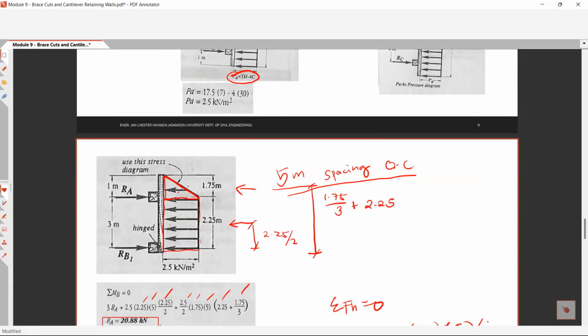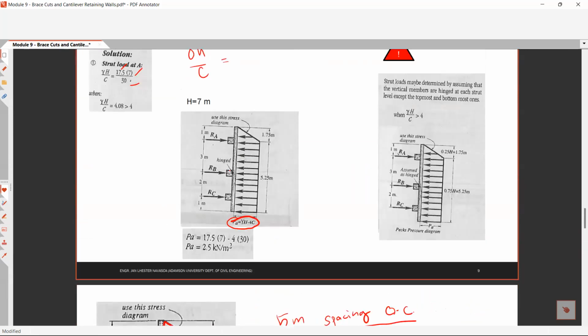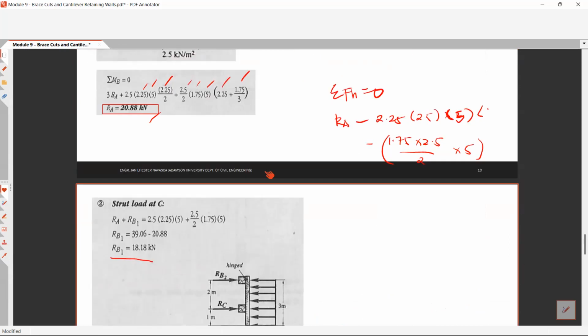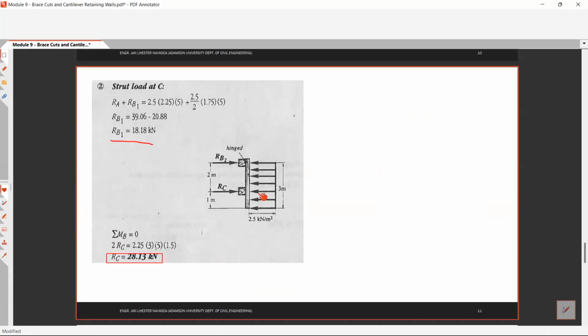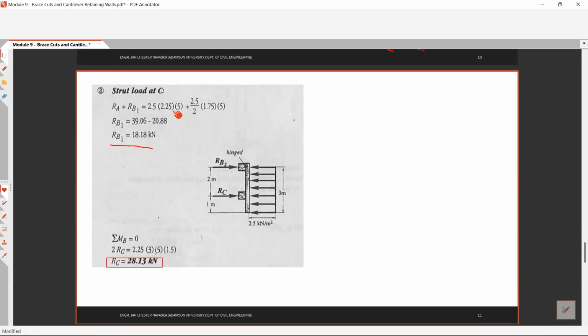Now considering the bottom of the hinge strut at B, the lower part. The lower part has this pressure diagram. This is RB2, and this is RC, the strut load at C. So taking summation of moments at B equals 0.